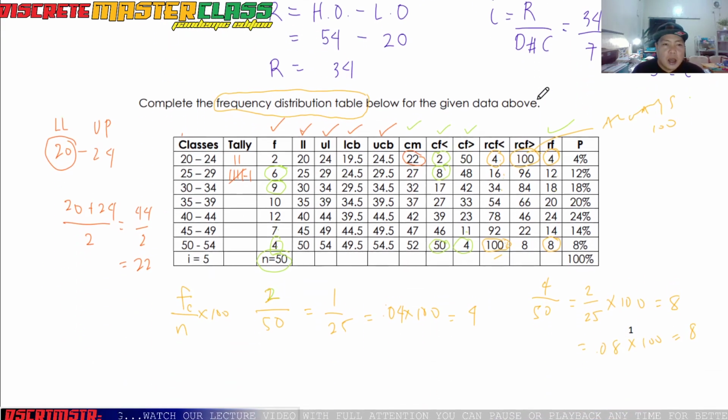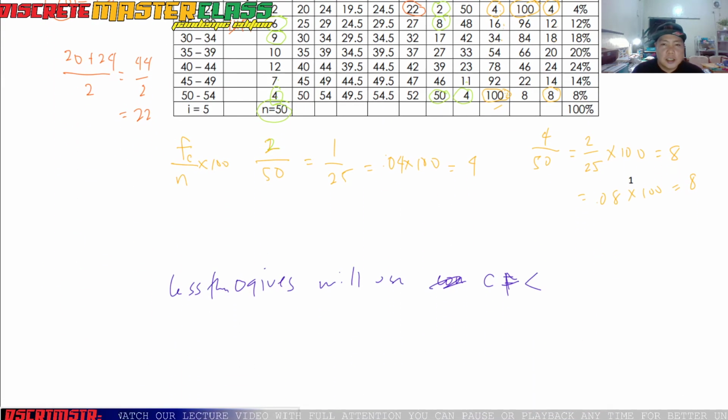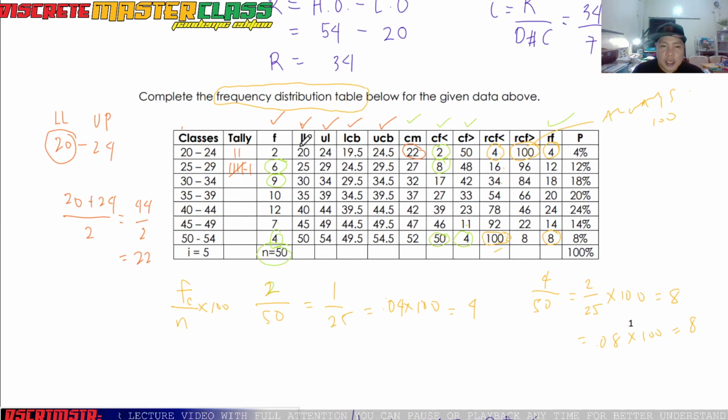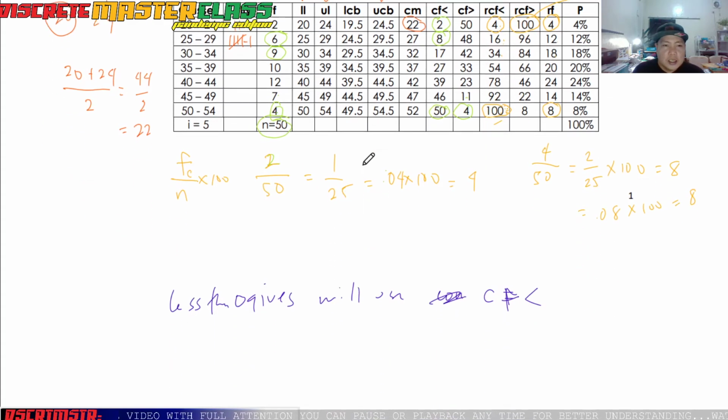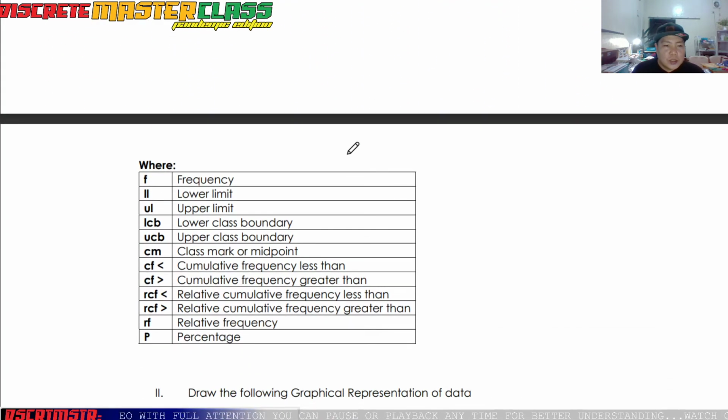Okay. Next is yung paggawa ng table. Unfortunately, nagawa ko na yung table kanina kasi kung iisa-isahin ko yan, medyo matagal tong video na to. Okay? So, nandito lahat ng description ng mga headers ng ating frequency distribution table.